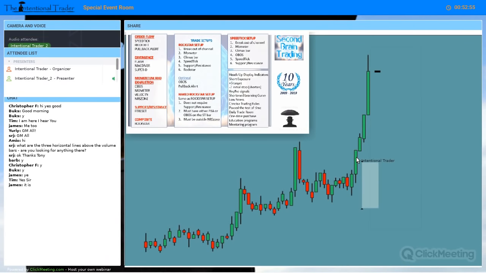The next thing that I'm looking for is our momentum indicator to tell me that momentum is beginning to set in. Okay? So we're going to start seeing, remember, different shades.